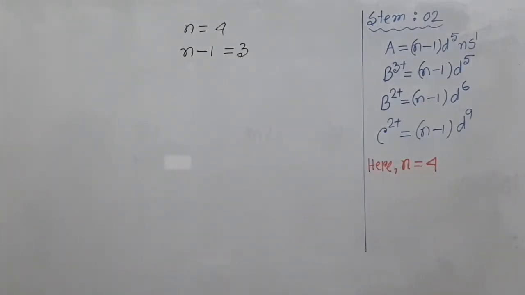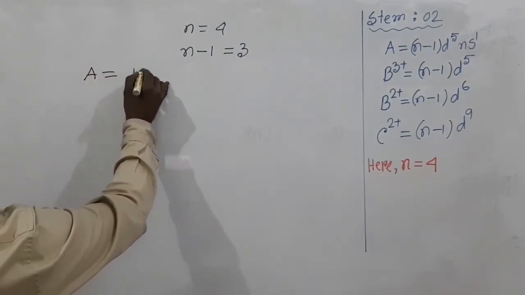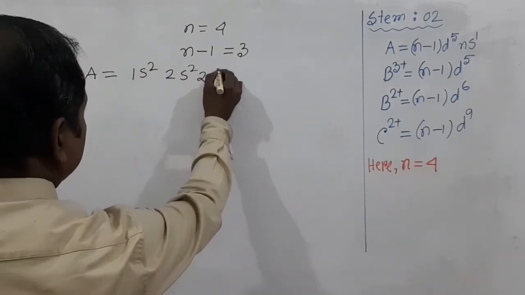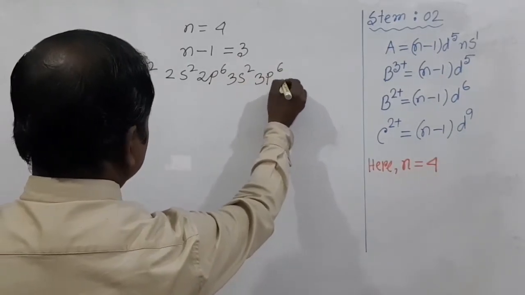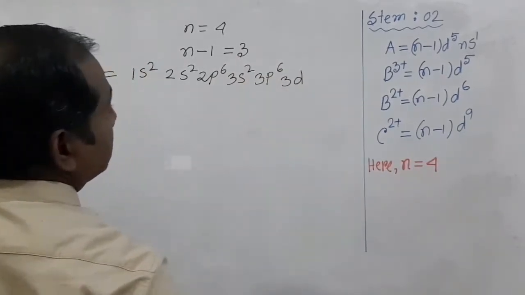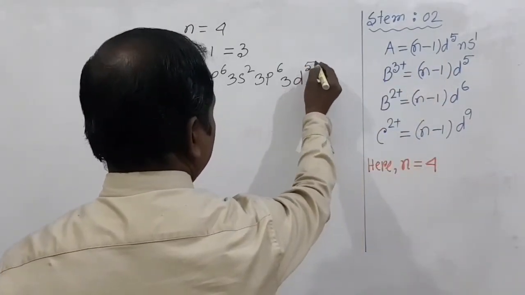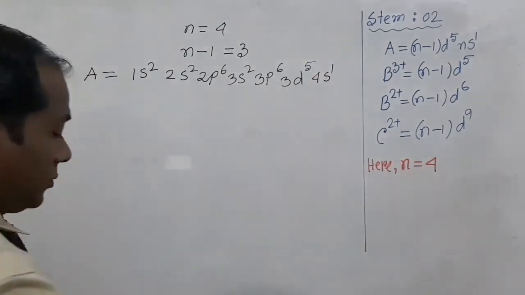My dear students, so we can write here A, electronic configuration 1s2, 2s2, 2p6, 3s2, 3p6, 3d5 and 4s1.